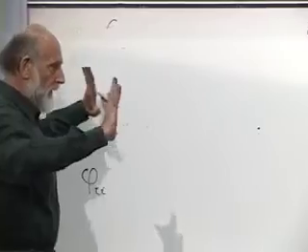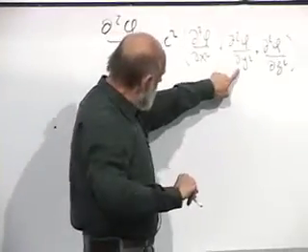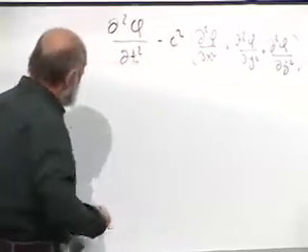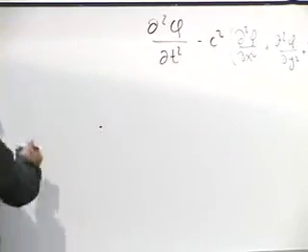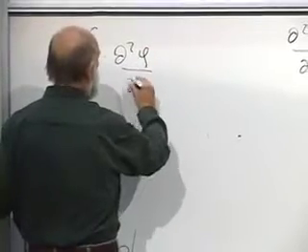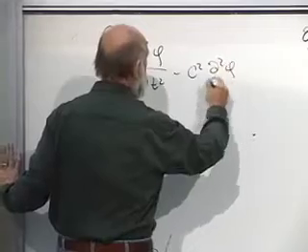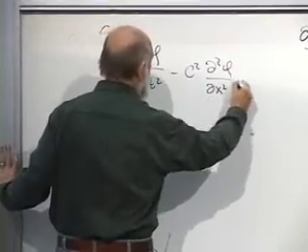A uniform, infinite plane wave moving down the axis like this would have no dependence on y and z. And so for that situation, the wave equation would be d second phi by dt squared minus c squared d second phi by dx squared is equal to 0.